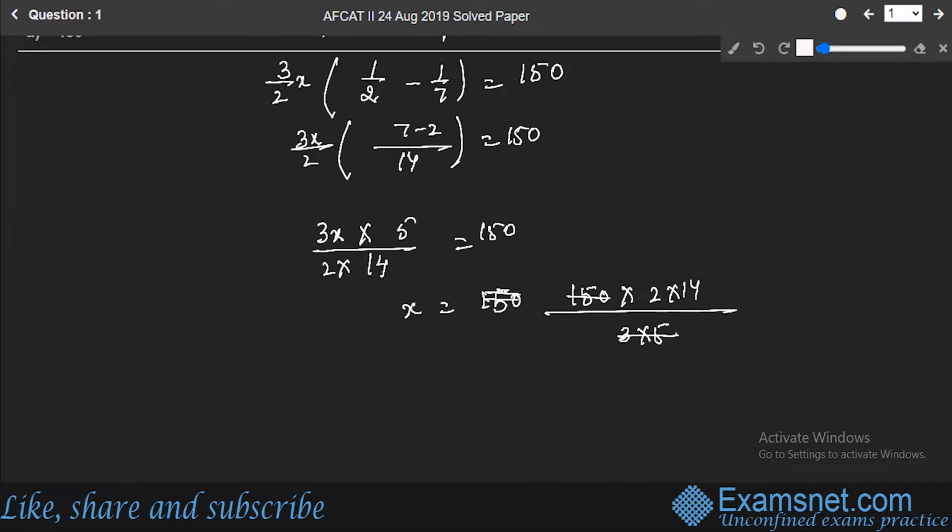So 3 into 5 is 15, so you will have a 10 over here. This is 280. So the given number was 280.